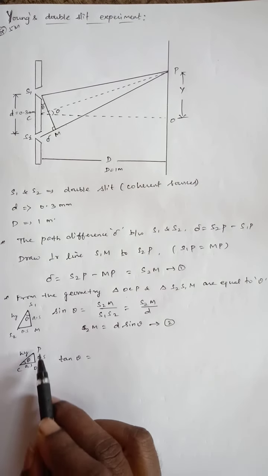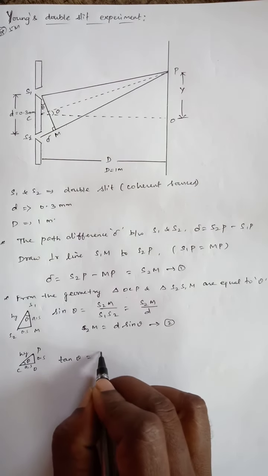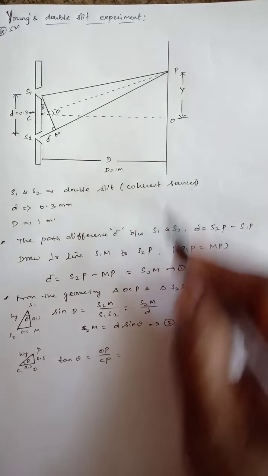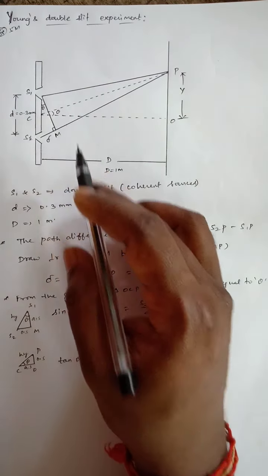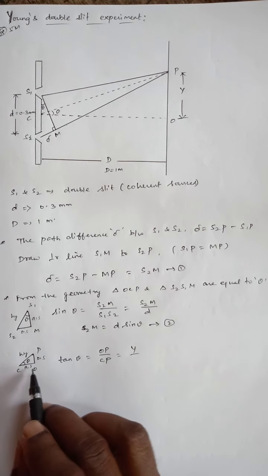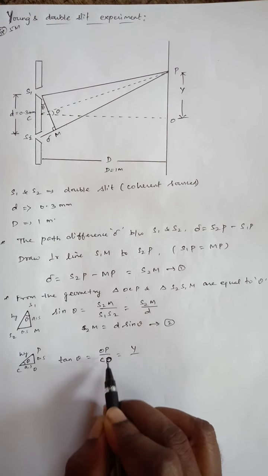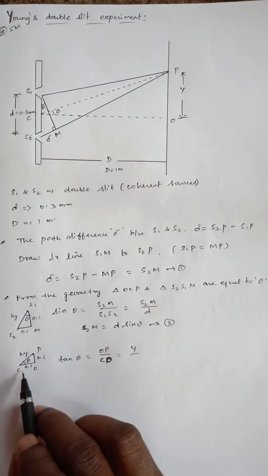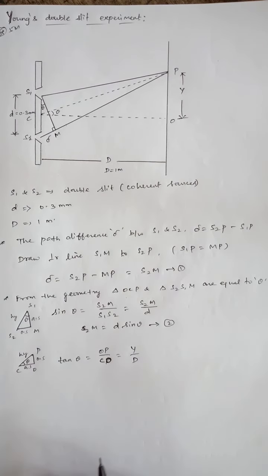Tan theta equals what? Opposite side by adjacent side. So OP by CO. What is the value of OP? It is Y, capital Y. And CO is this capital D. So put capital D. Put the equation number 3.